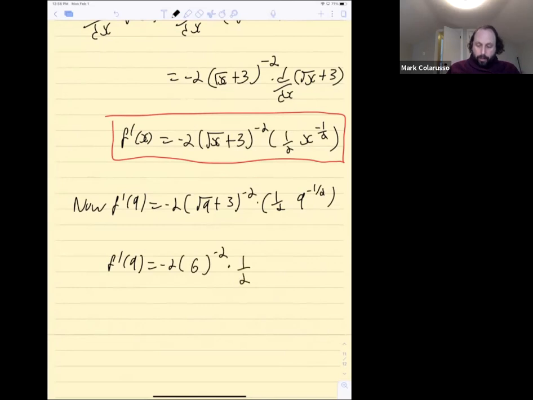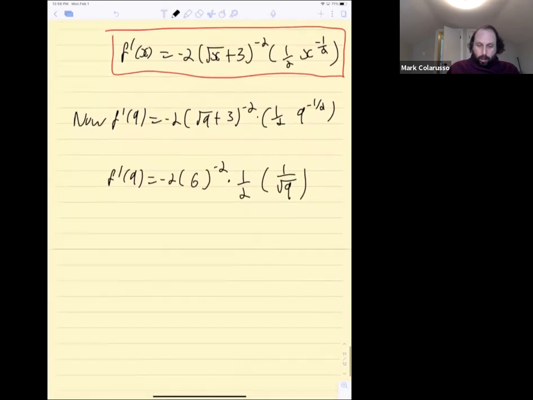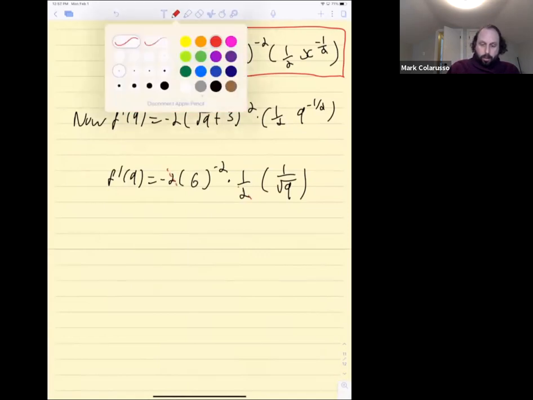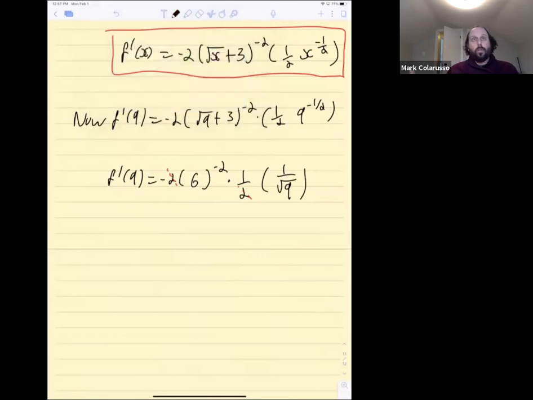And 9 to the minus 1/2 is 1 over the root of 9, so we can write it like that. We can do a little simplification: the 2 here cancels with the 2 here, and 6 to the minus 2 is 1 over 36.